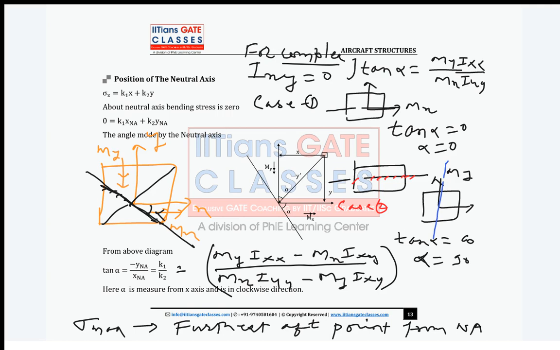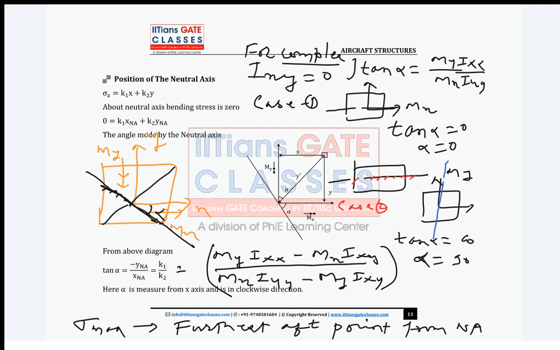No, it is not diagonal, Mr. Shivendra Raj. If your neutral axis is 45 degree, then only diagonal. It is not necessary your neutral axis is 45 degree. So your sigma max is always at furthest point from neutral axis.